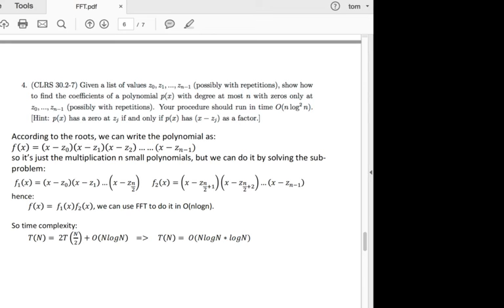I think the problem is very easy, because it's roots, so we can write the polynomial in a form like this.